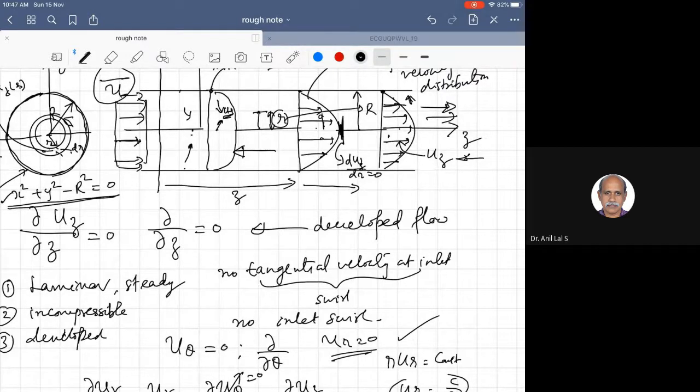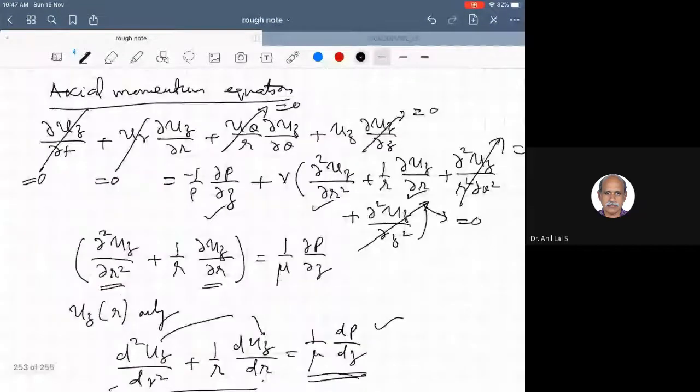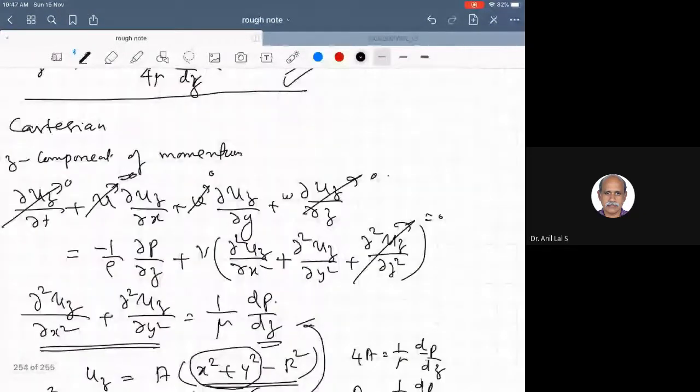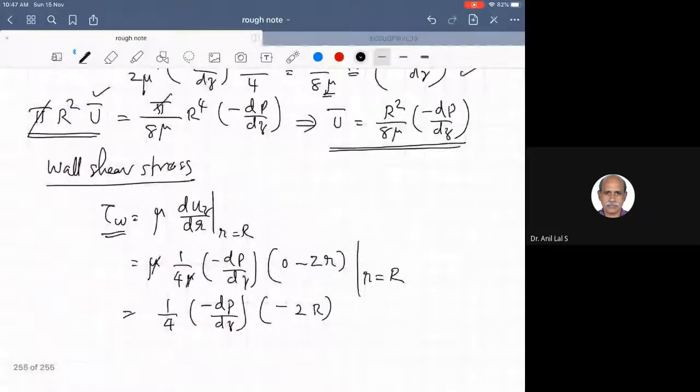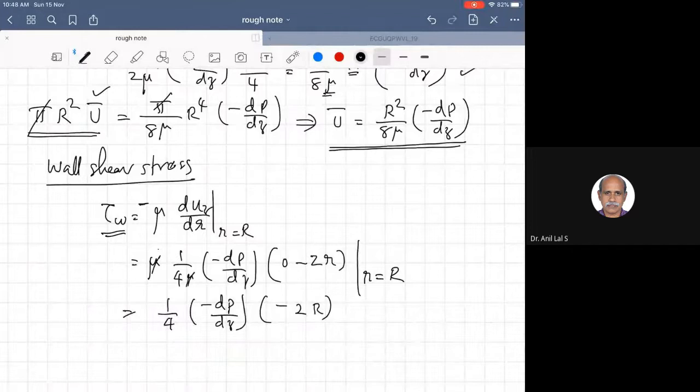So actually, duz by dr is negative. But I want to write the wall shear as a positive quantity. So when I write that equation of tau w, I'll write a minus. So that minus will make this minus and eliminate it. So we have this.